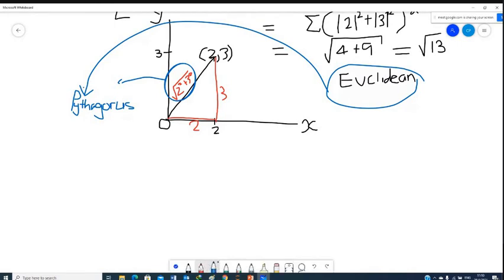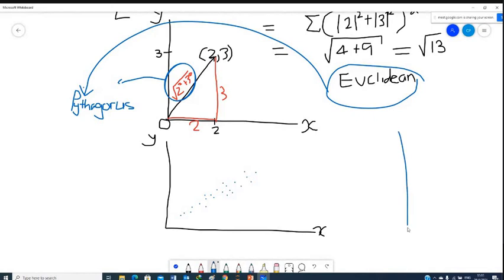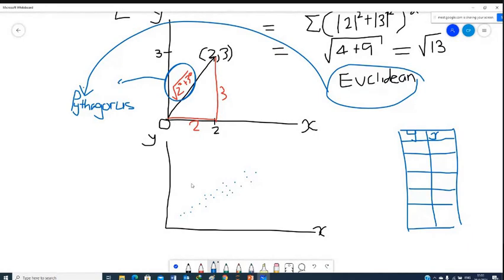So if I have y and x like this, and let's say these are my data points, this is just a scatter plot of the values of y and x.